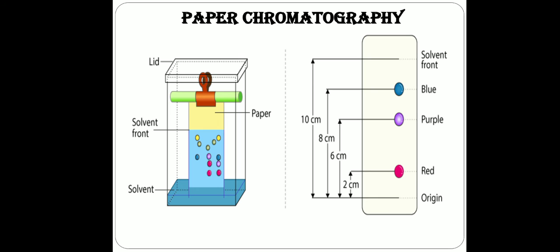The moisture which is present in the paper acts as the stationary phase, so that is also liquid. The mobile phase is also liquid. This is liquid chromatography, where separation is based upon the partition coefficient, so it is an example of partition chromatography.